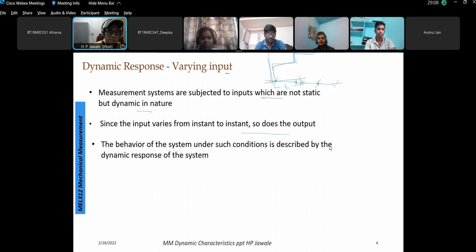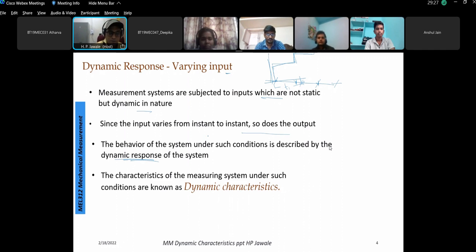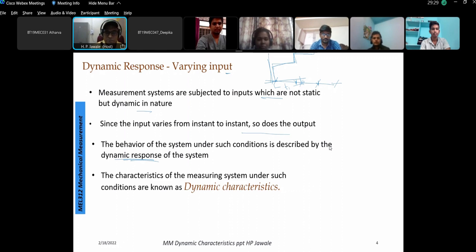It's very obvious. Now this dynamic response is actually a combination of both the inherent properties of the physical as well as the functional components in the measurement system, as well as the input that is going to vary, right? So the combination of these two, the characteristics of the instrument under such conditions, is known as dynamic characteristics.